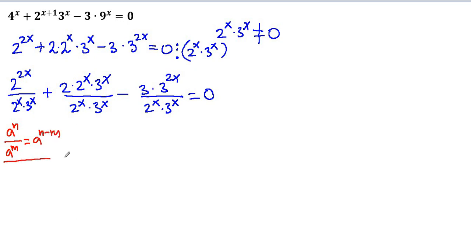Using this property, I can simplify each fraction. From the first fraction we see that we have the same base, 2 and 2, so therefore I will get 2 to the power of 2x minus x, divided by 3 to the power of x.